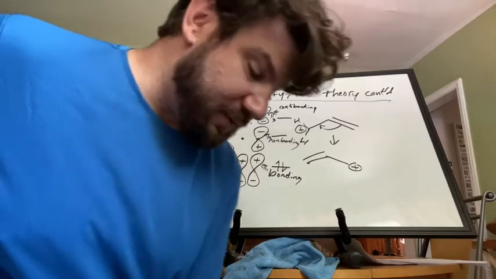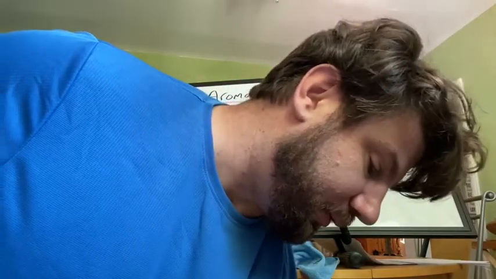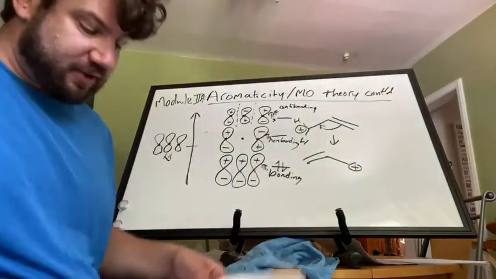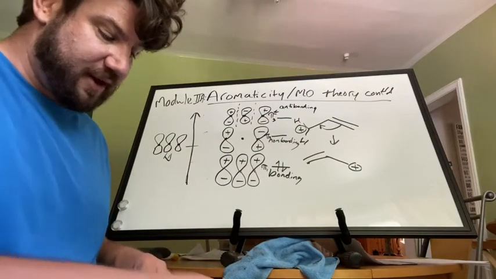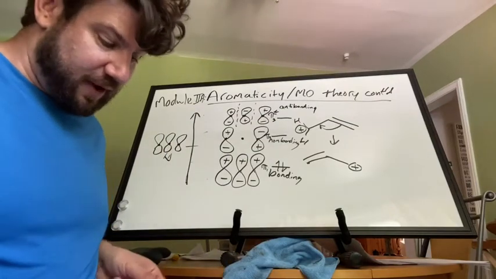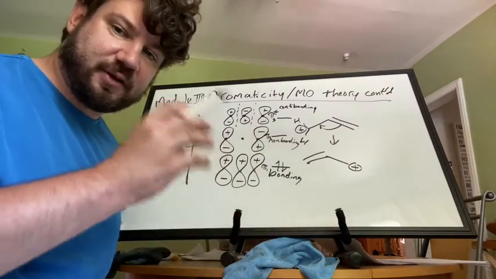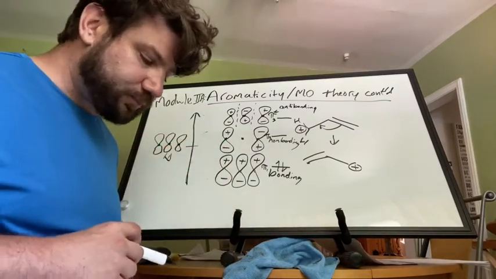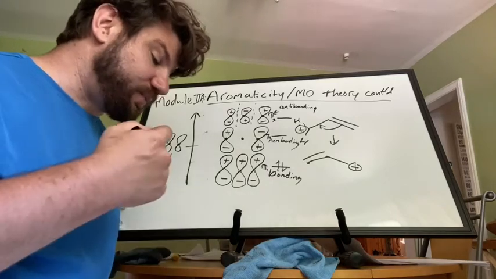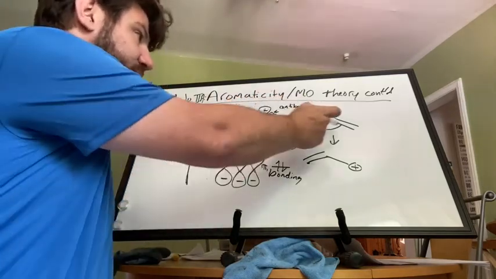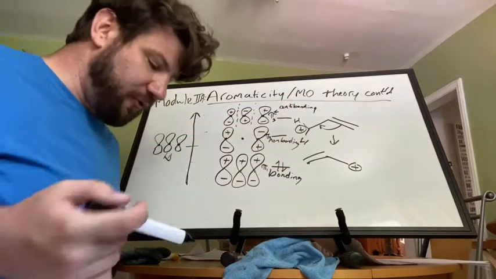Now, what does that actually mean for valence bond theory? Well, it's a little bit different. Valence bond theory is just going to show you a static representation of what type of line structure, like I've drawn here before, right?